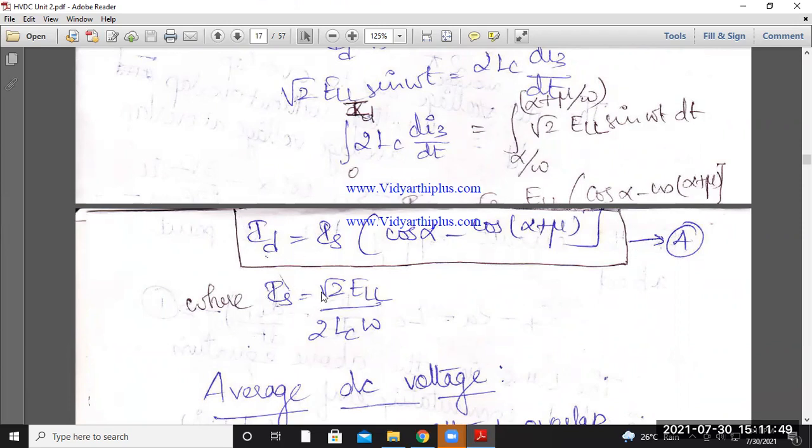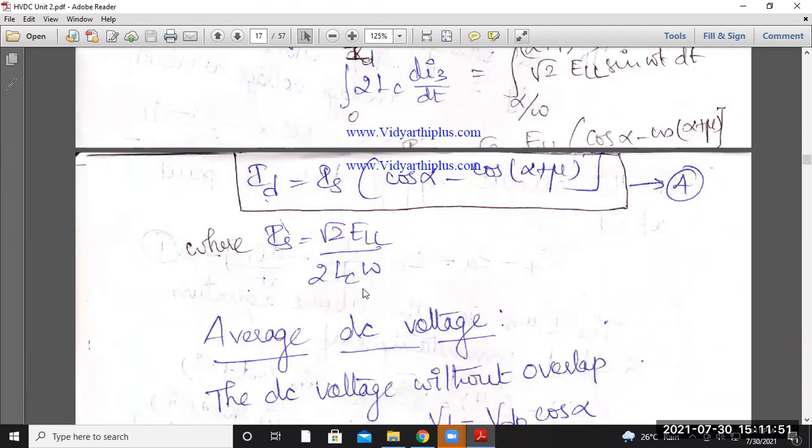Now the Is value is given as root 2 EL upon 2 omega Lc. Here EL is the line voltage, Lc is the inductance connected across the corresponding EMF, and omega is 2 pi f.